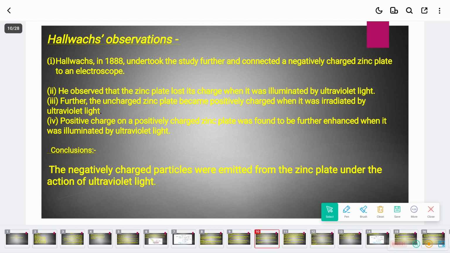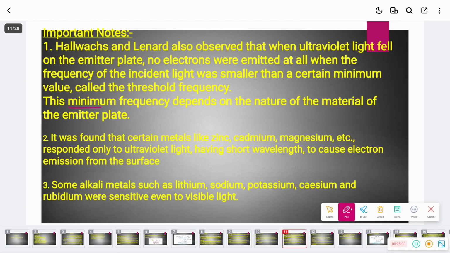Listen. I will explain this. It was found that certain metals like zinc, cadmium, magnesium, etc. responded only to UV light.